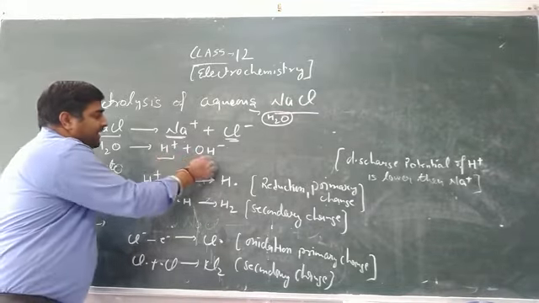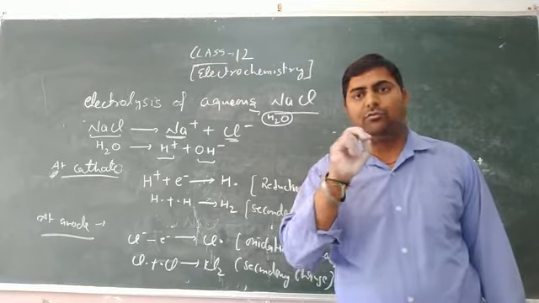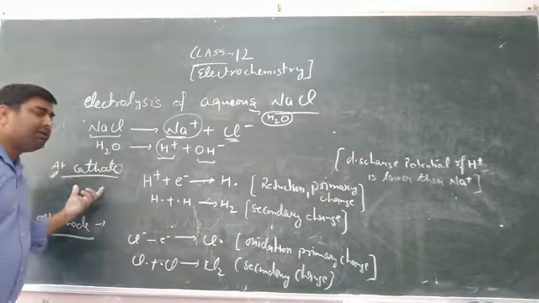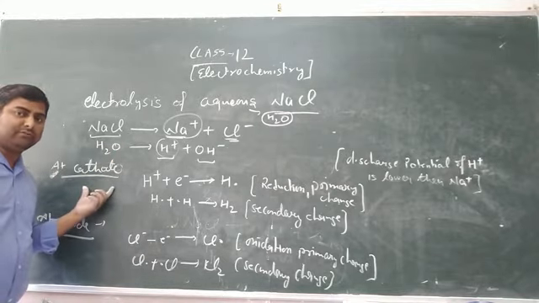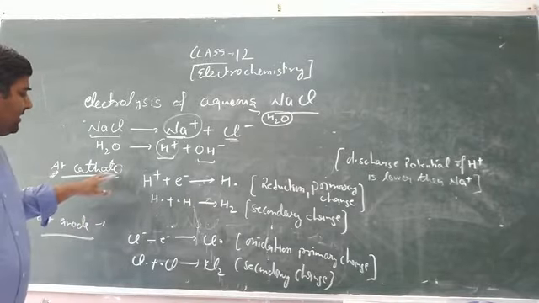You can see here there are two positively charged cations and two negatively charged anions. The positively charged cations are Na positive and H positive. Both these positively charged ions get drifted towards the cathode, which carries negative charge.